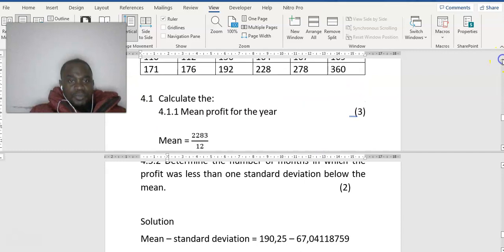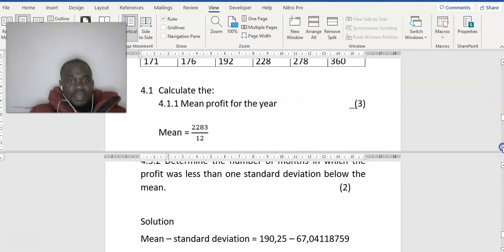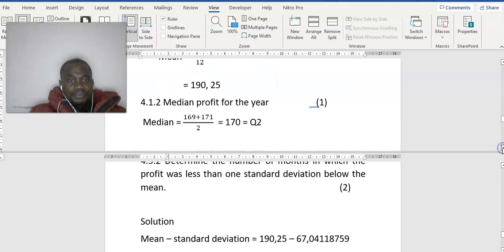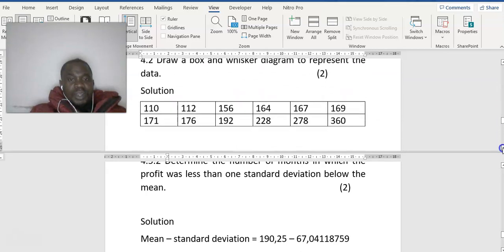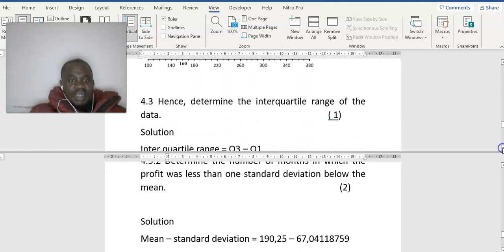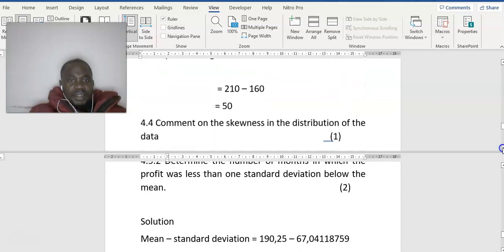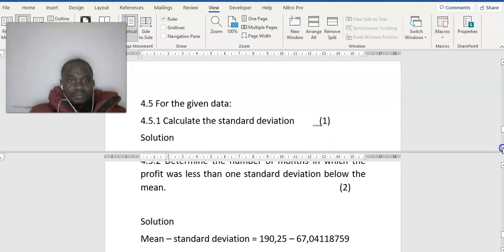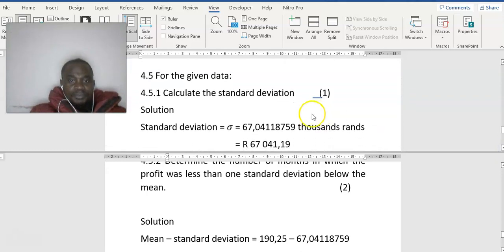Let me show you. Remember, we calculated the mean, it is this one, and we also calculated the standard deviation. This was our standard deviation.